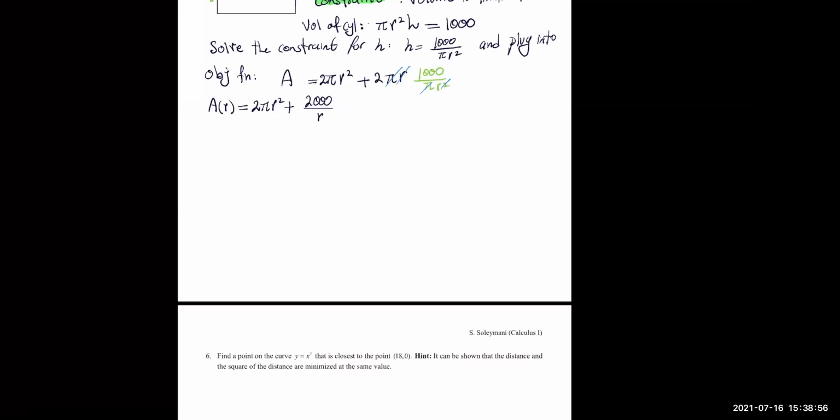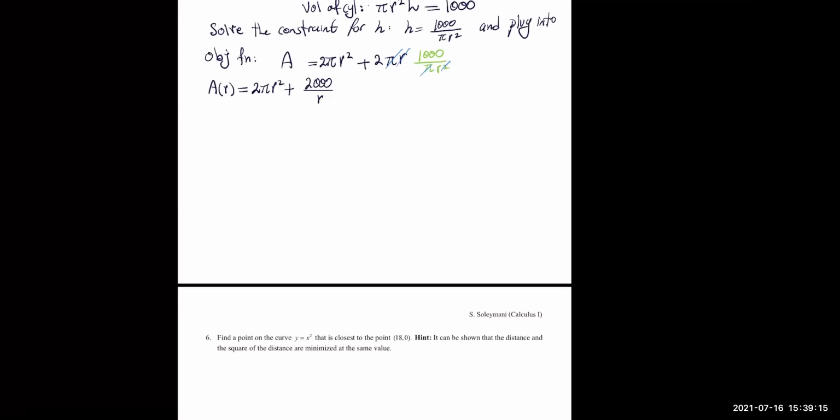Who said you can't choose r to be 0.1 or 0.01 or 0.001 or infinitesimally small? You can. Or you can make r as big as you want. For the same reason, I can make r to be like, let's say 100, but then I have to make the height very small if I want to fit 1000 cubic centimeters of stuff in there.